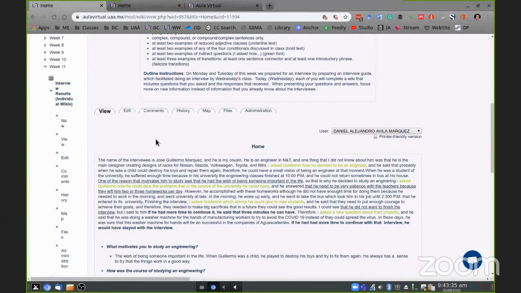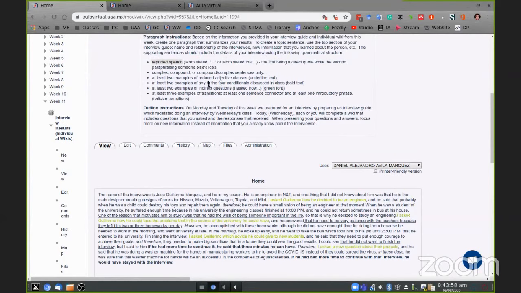Okay, so Danny, I'm taking a look here at your paragraph that you uploaded, and I immediately like how you labeled the grammatical structures. So just a reminder, I didn't mention that yet today, to remember to also identify the different grammatical structures based on the instructions up here. For example, the reduced adjective clause, we want to make sure we underline it.